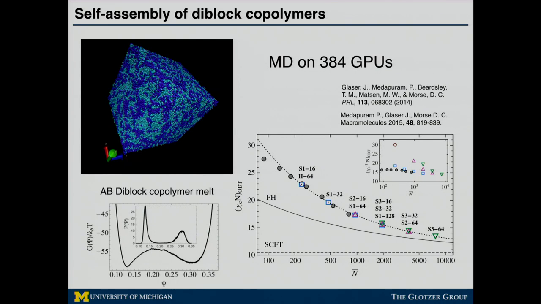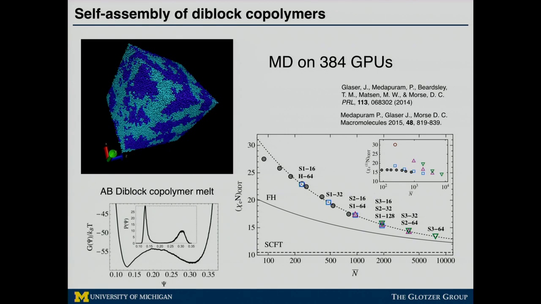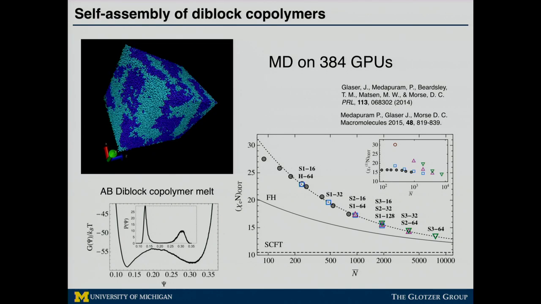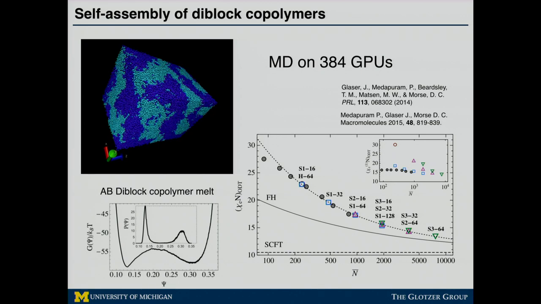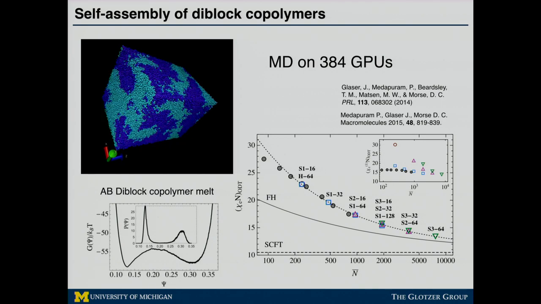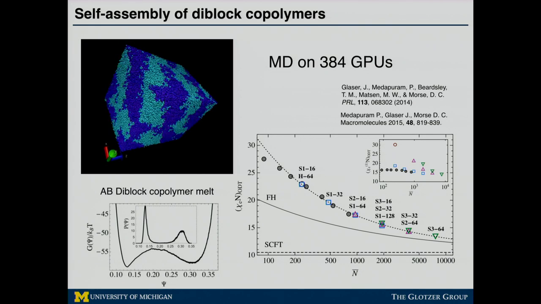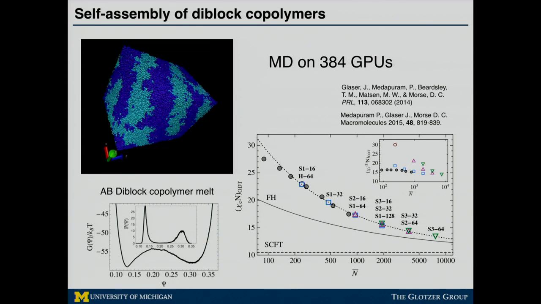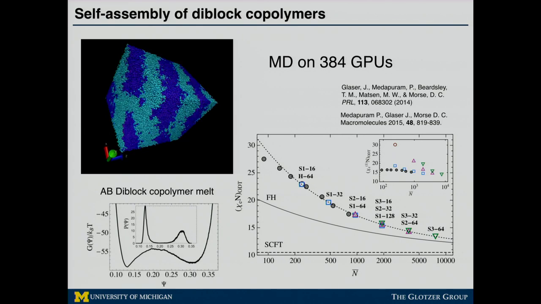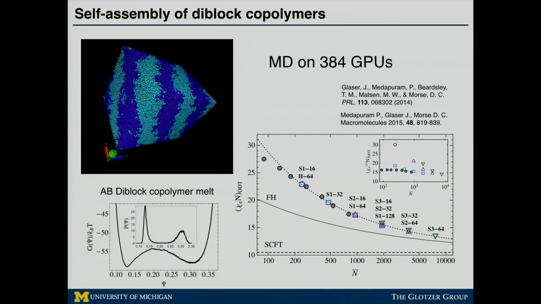And finally, I want to talk about some applications we have been doing with our codes. The first one of these is block polymer simulation. So we're interested in how these diblock polymers, which are polymer chains of two chemically distinct species of A and B monomers that are tethered together, microphase separate and form lamellar structures when cooled down under the phase transition temperature.